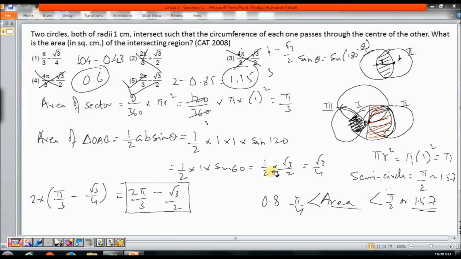Okay, I am saying between the first and the fifth, you can still find the answer, but for that you will have to do a little more analysis compared to the kind of analysis we did when we eliminated 2, 3 and 4 by just taking the fact that the required area will be less than that of a semicircle.